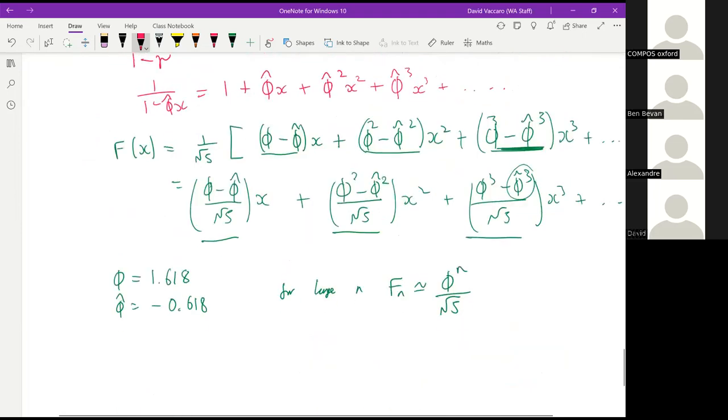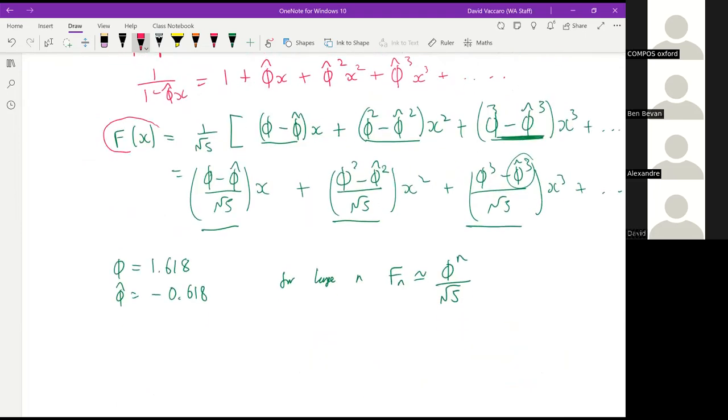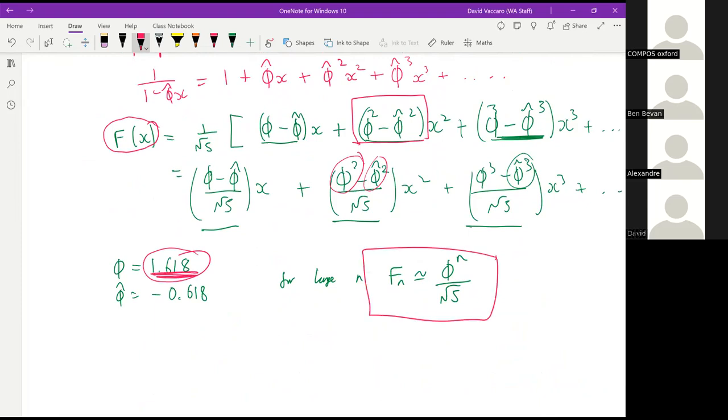So that then means that I could have got the Taylor expansion of f(x) in a different way, using an expression that involved the powers of these roots, and in particular, the important root, the one which doesn't decay as n increases, is the golden ratio, and that allows me to find the nth Fibonacci number.